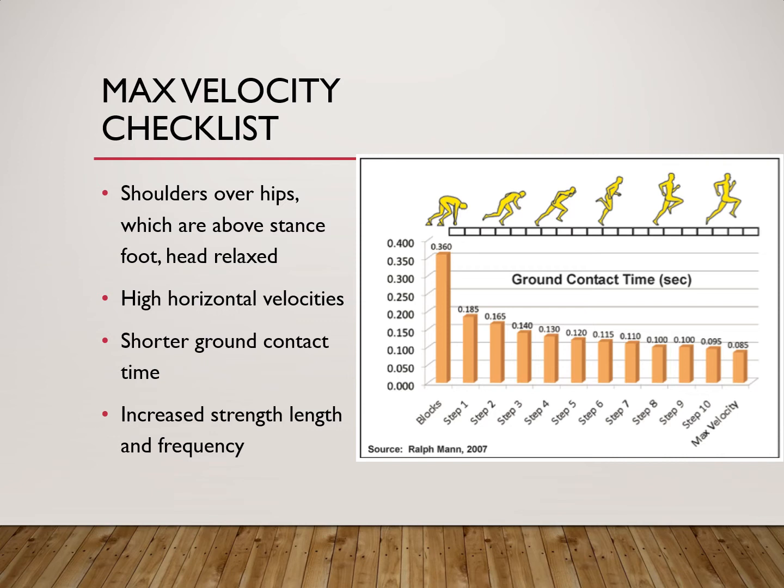As we start to enter into more maximal velocities, we're in an upright position, which facilitates our ability to lengthen our stride, because we can get more movement through the hip and reach out during those strides, as well as maintaining a high stride frequency.